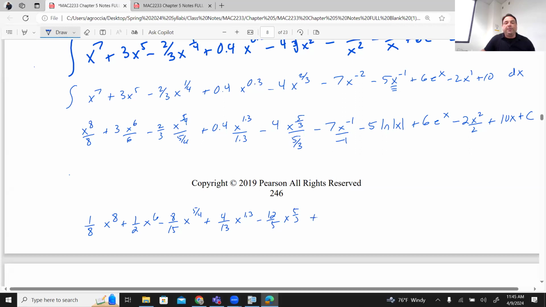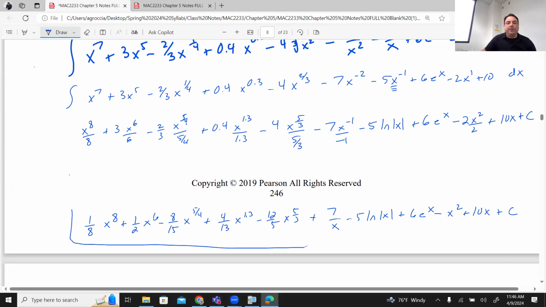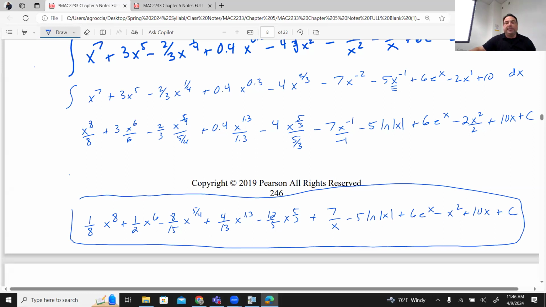Minus 7 divided by minus 1 is plus 7, x to the 1, I'd move to the bottom. Minus 5 ln absolute value of x, plus 6 e to the x. Minus 2 divided by 2 is 1, so you had x squared, plus 10x plus c. To me, that would be your final simplified answer.